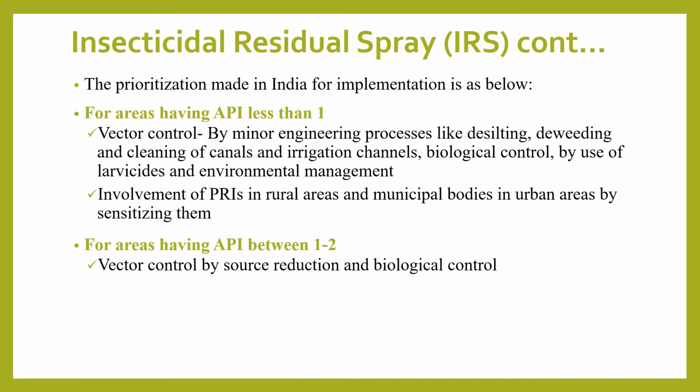Then again it involves the Panchayati Raj institutions in rural areas and municipal bodies in urban areas, by sensitizing them. Next, if the API for the area is between 1 and 2, the vector control is done by source reduction, that is the environmental method of vector control, and biological control.